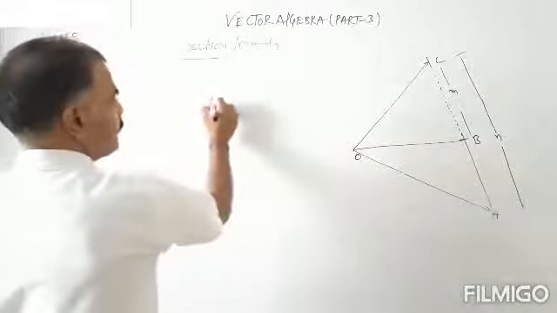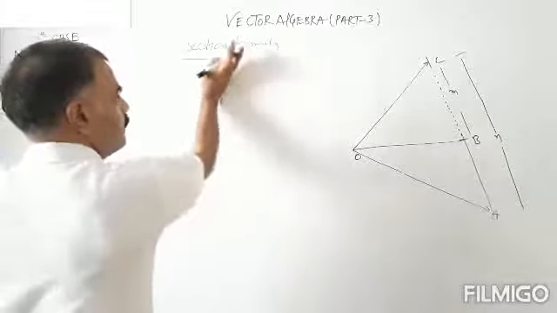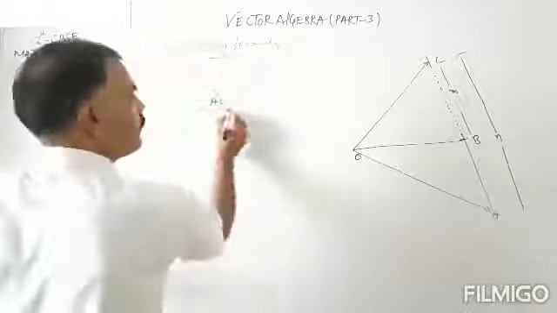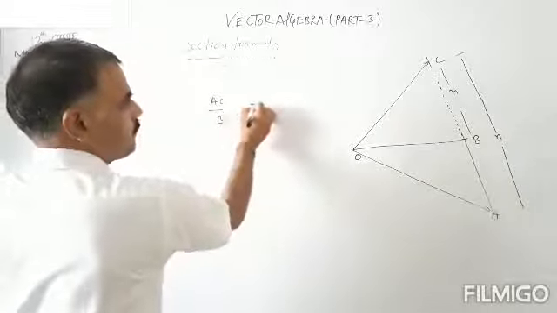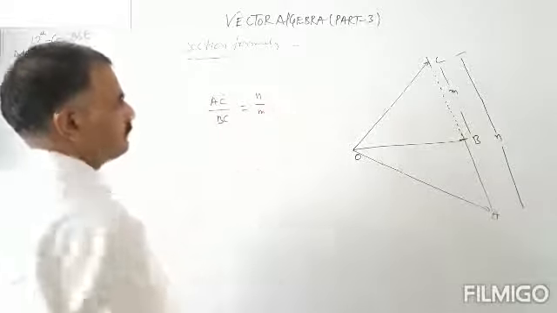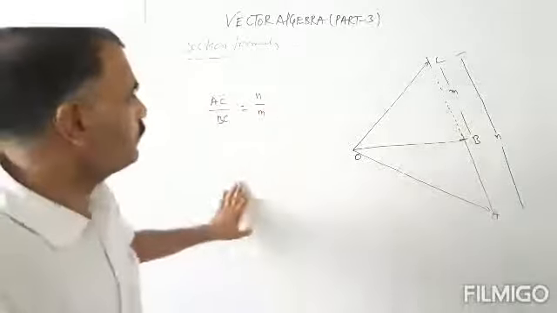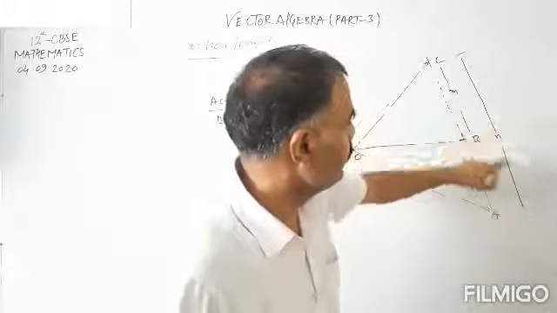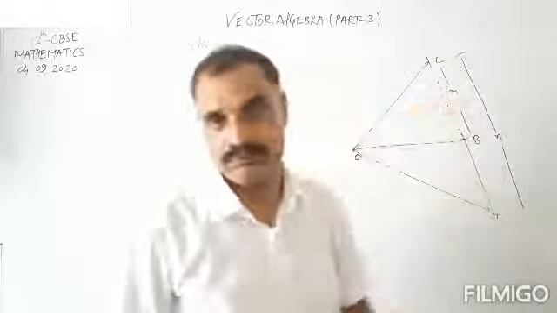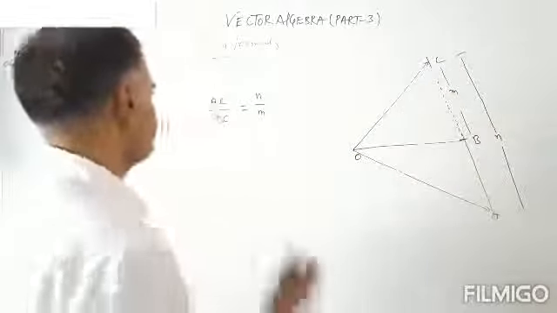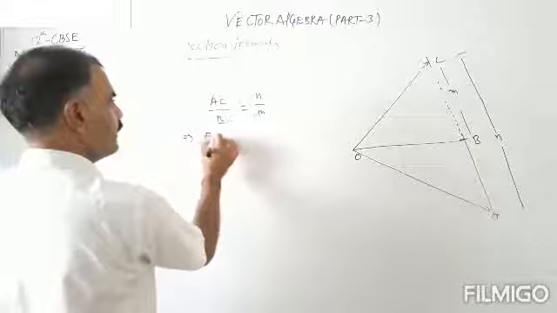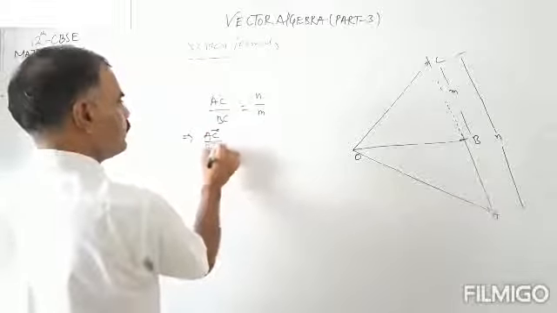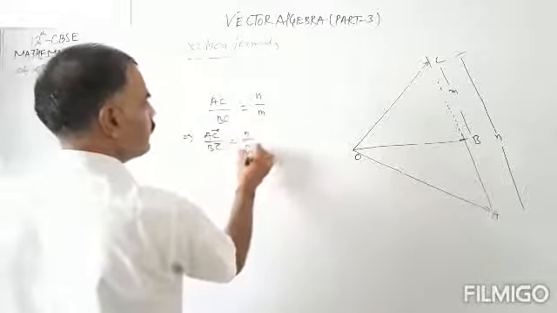So AC upon BC is equals to N upon M. A to C, that is N, and B to C, that is M. Now, this implies that AC vector upon BC vector is equals to N upon M.